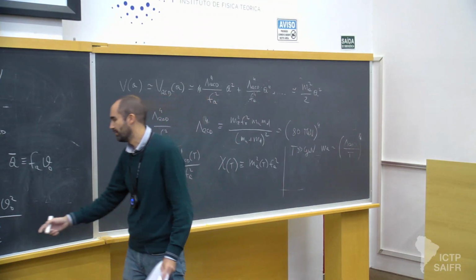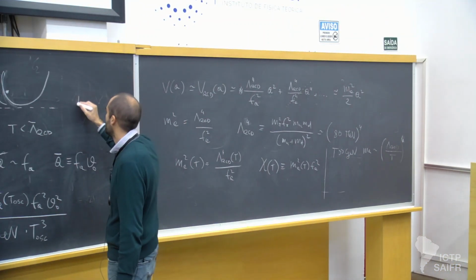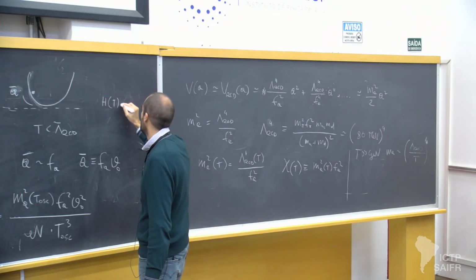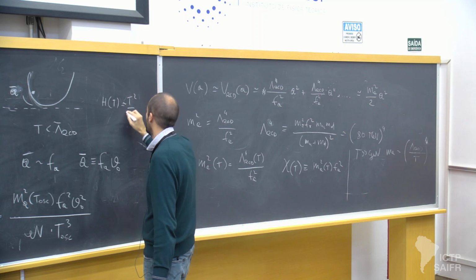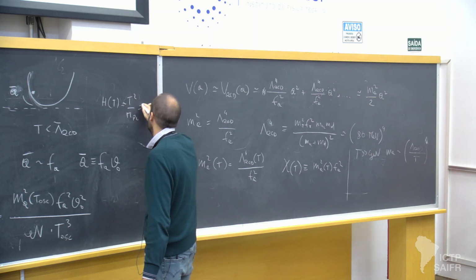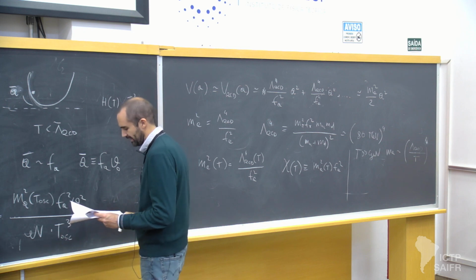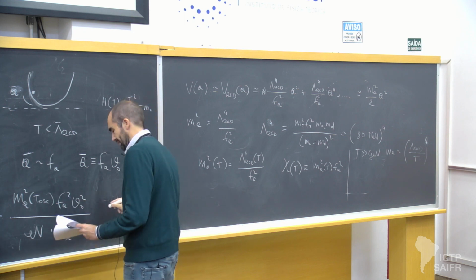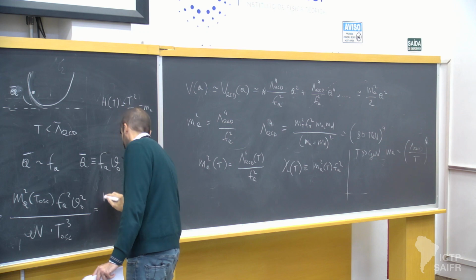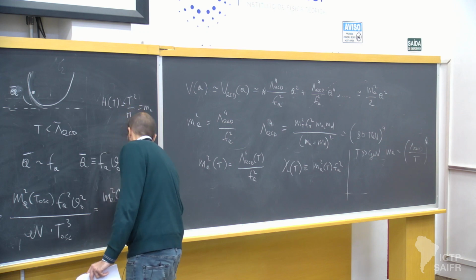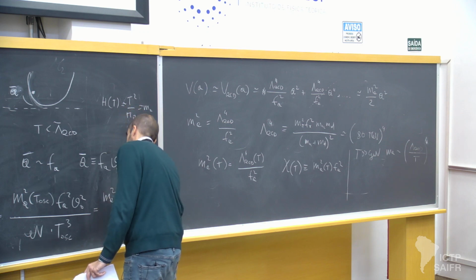OK, so, well, we can get this oscillation time in the usual way, approximating Hubble with T squared over m Planck, and equating it to the mass. And so we're going to get something like the following.